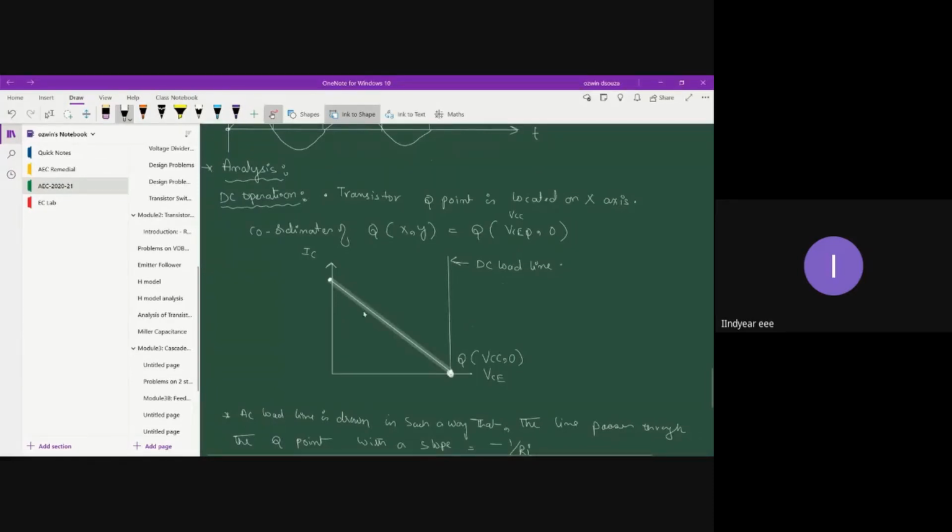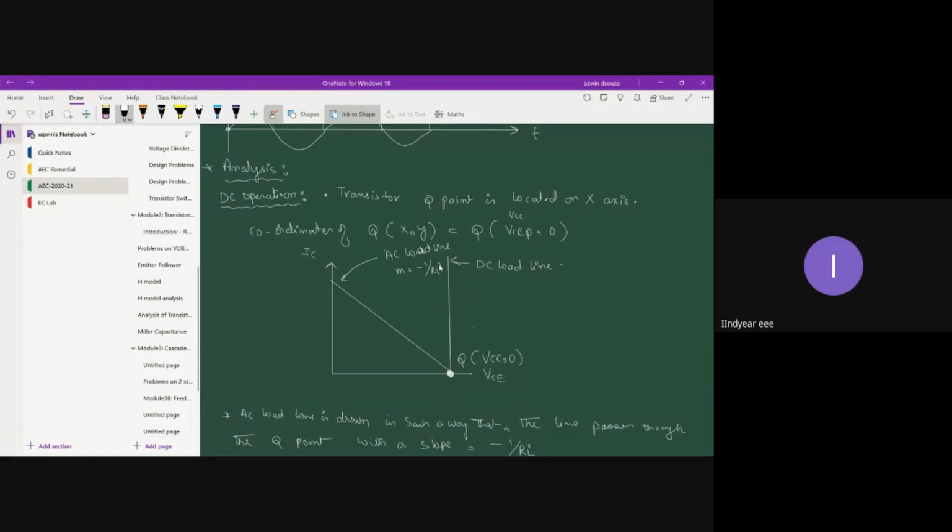The line is passing through Q, and the slope of this line is M equal to minus 1 by RL dash. So this is the AC load line.